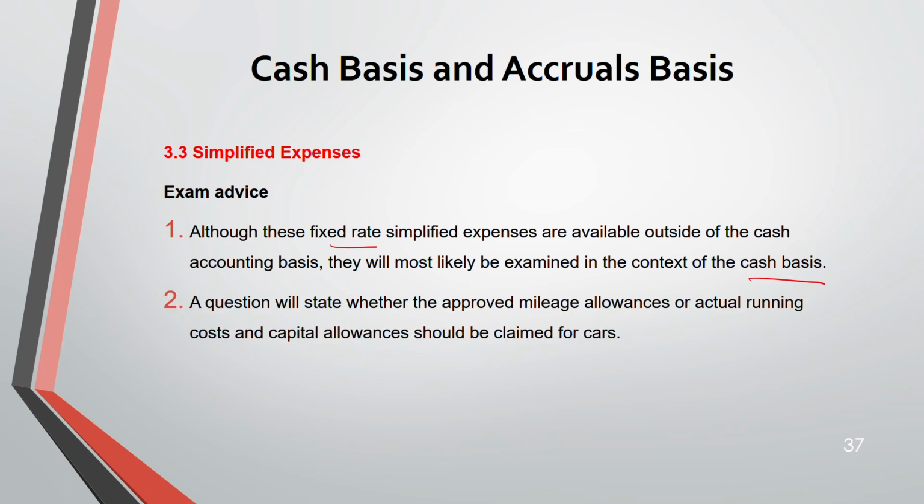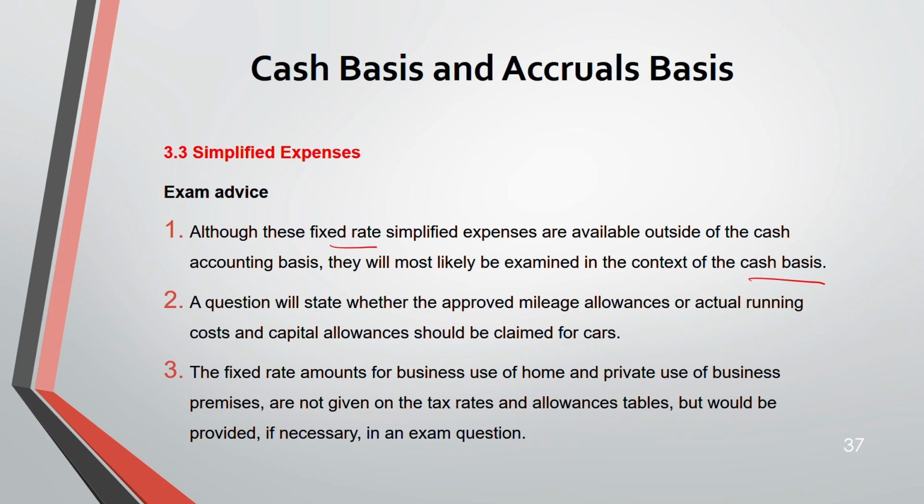A question will state whether approved mileage allowance or actual running and capital allowances are claimed on cars or not. Advice 3. The fixed rate amounts for business use of home and private use of business premises are not given in the tax rates. But if it's necessary for your exam question, they'll be provided. So these are the 3 exam advices you need to remember for simplified expenses.